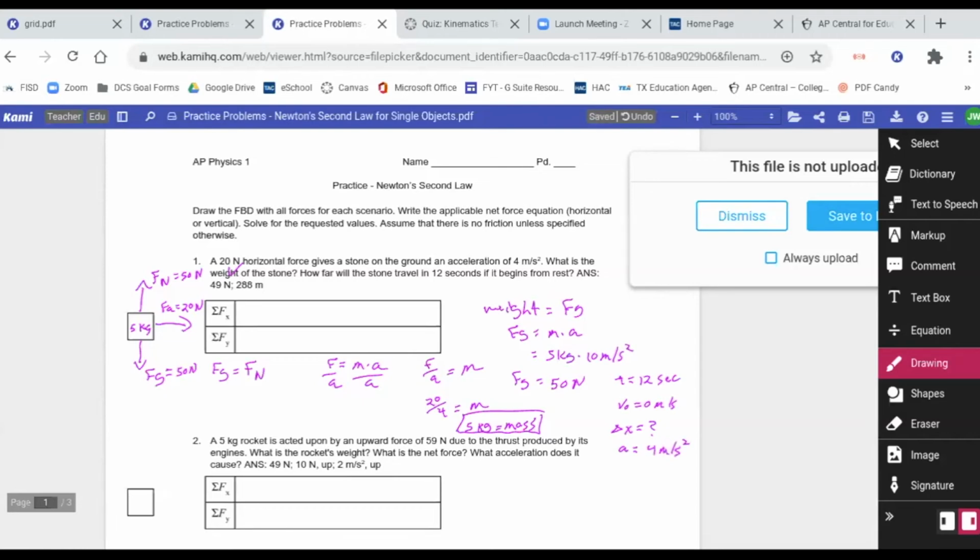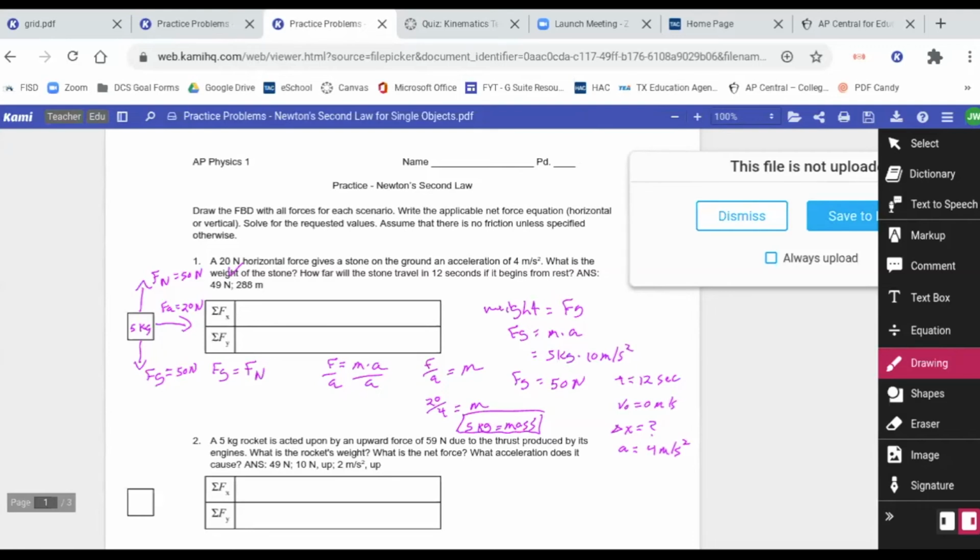So we can use an equation that has delta x equals V naught t plus 1/2 a t squared. Okay, so go ahead and write that equation down. Delta x equals V naught t plus 1/2 a t squared. You've got everything you need. You don't have to rearrange the equation because it's already solved for delta x, but you can plug in what you have.